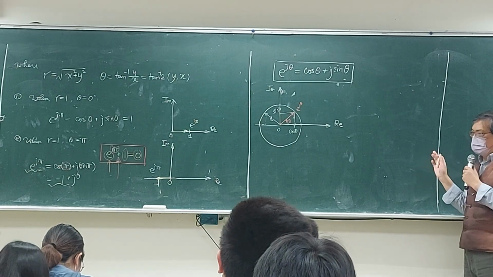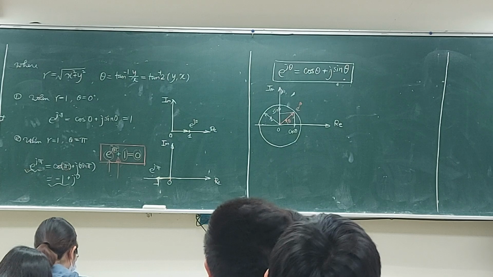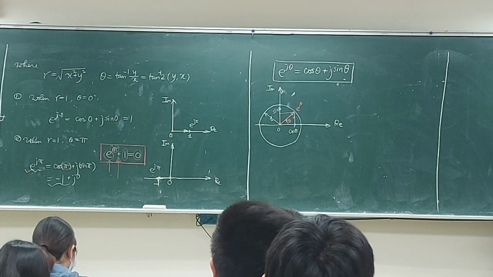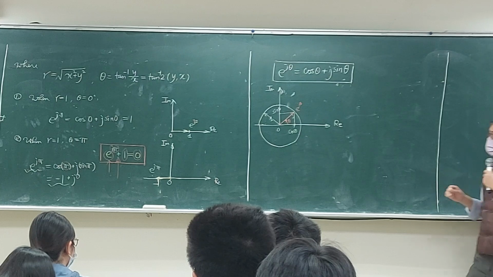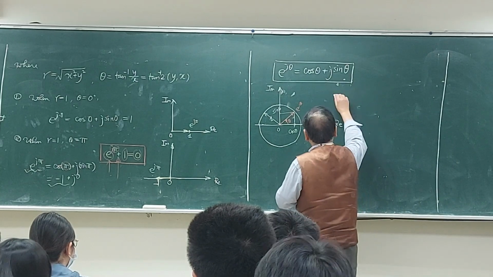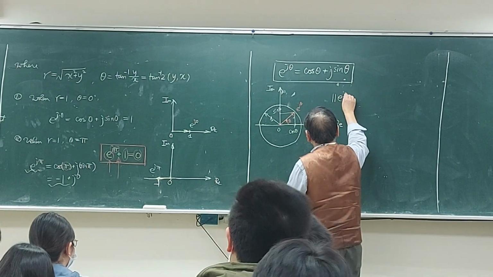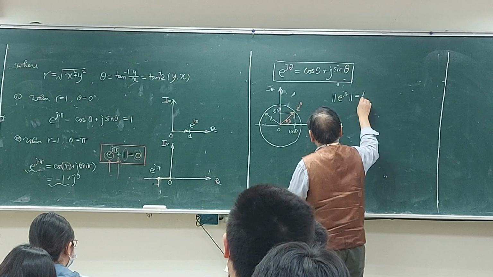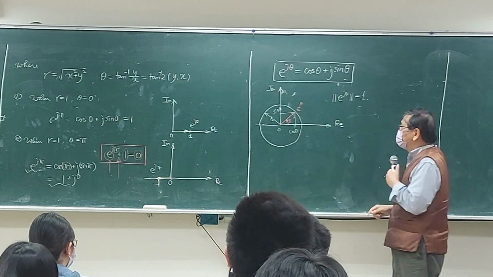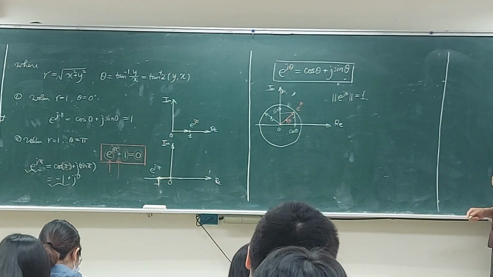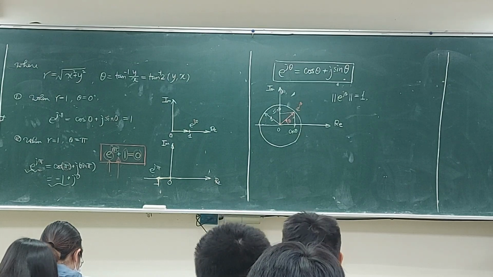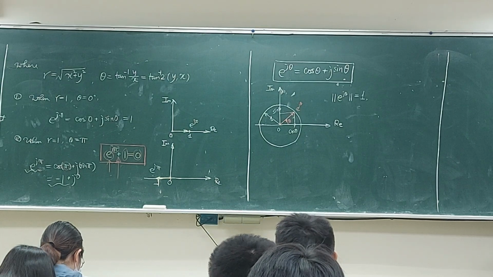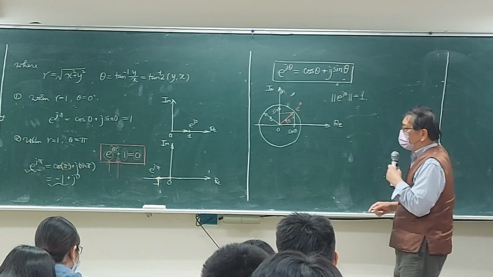Any questions up to this moment? So you can write it this way. The magnitude is 1. Now let's look at some operations on complex numbers very quickly.